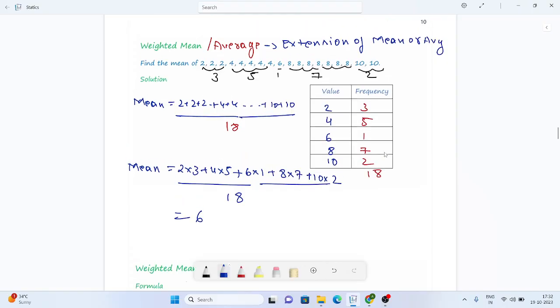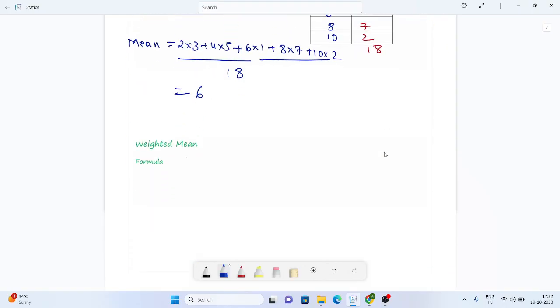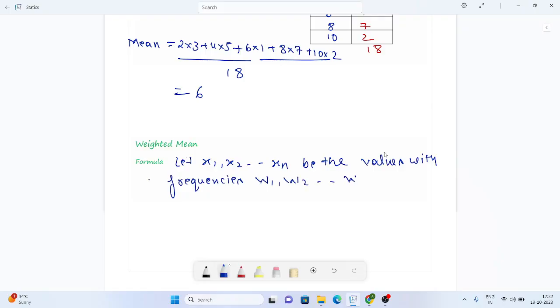Okay, so what is the formula for weighted mean? Let x1, x2 up to xn be the values with frequencies, W1, W2 up to Wn. So what is the formula of weighted mean or weighted average?